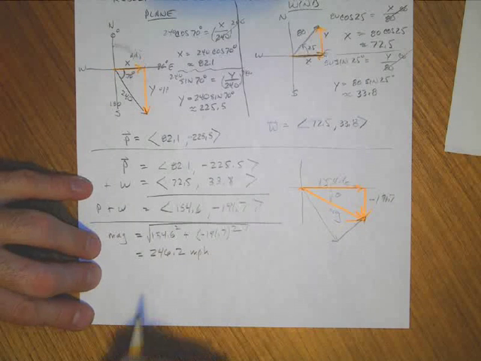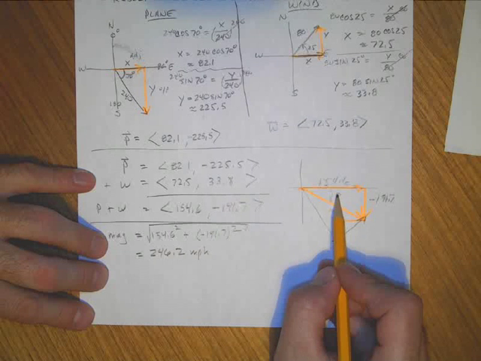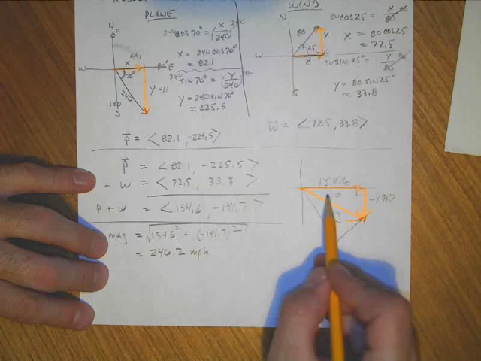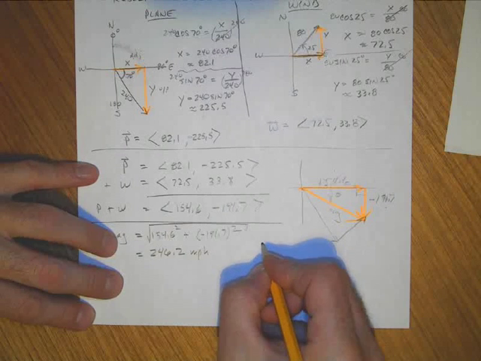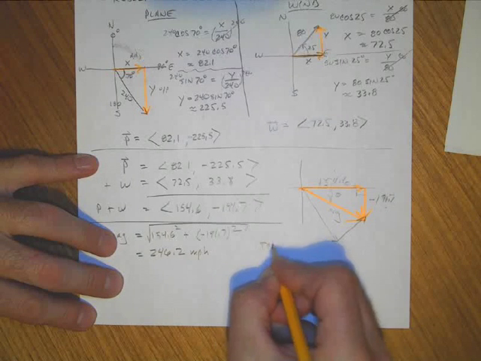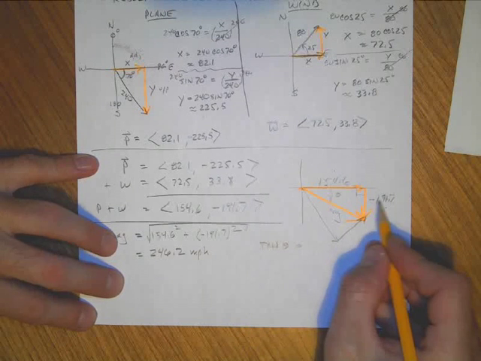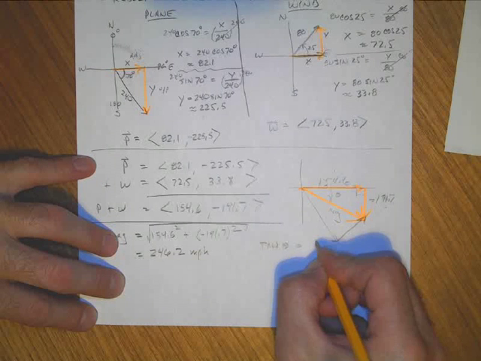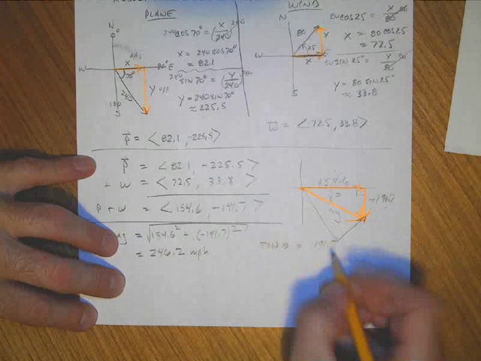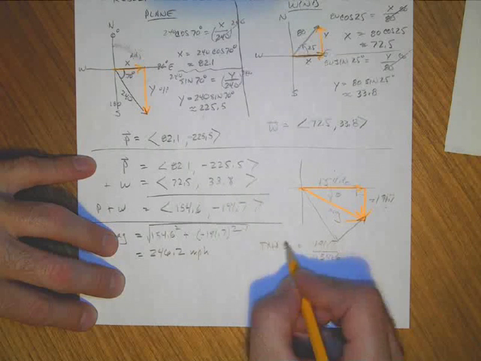So then the next thing that we have to do is figure out this angle. Well, we know this is opposite and adjacent, and so that's tangent. So tangent of the angle equals, now we're going to ignore this minus sign. We're just going to use all positive numbers, 191.7 divided by 154.6.